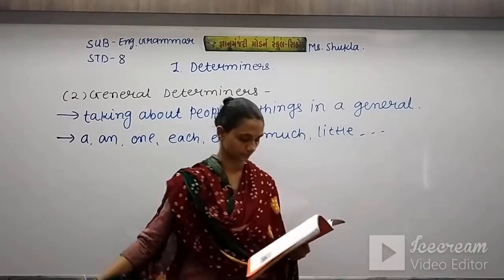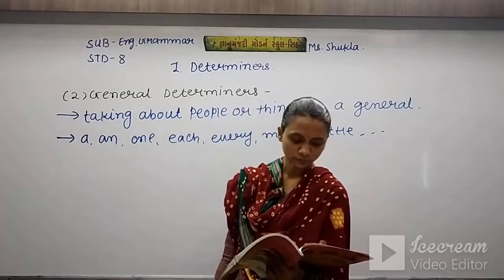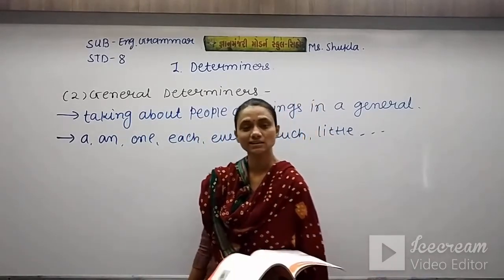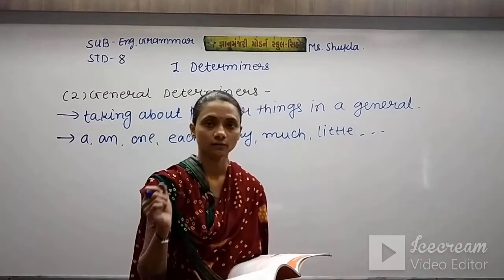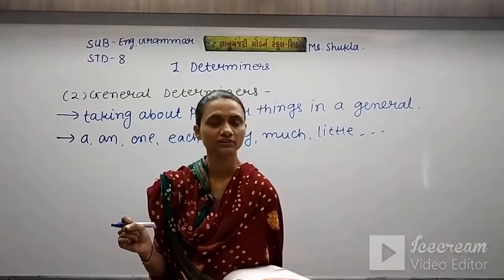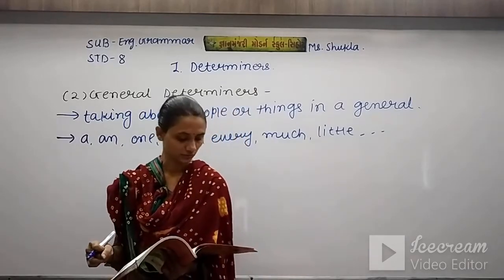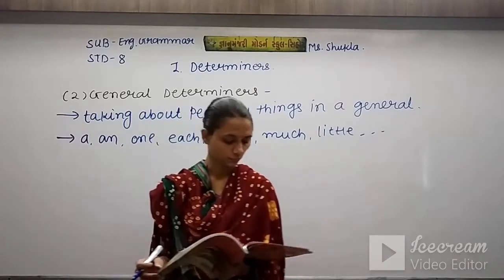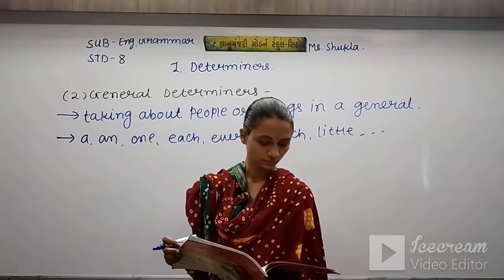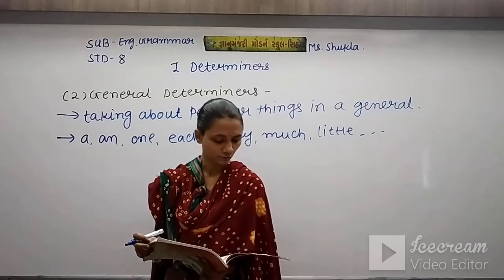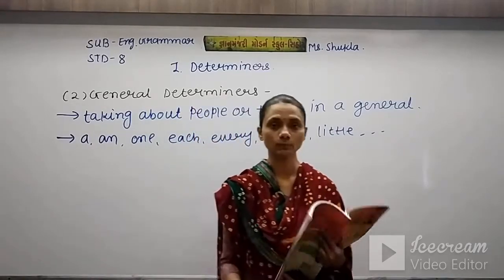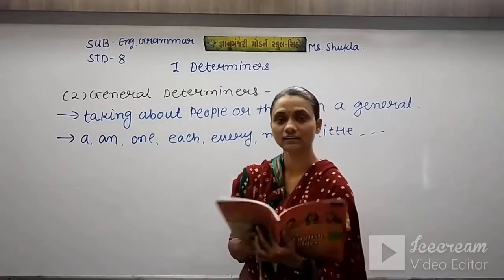And many more. Determiners include the following. So there are some topics in which determiners are included: articles, possessive adjectives, demonstrative adjectives, distributive adjectives, quantifiers, and interrogatives. These 6 topics are there in determiners.